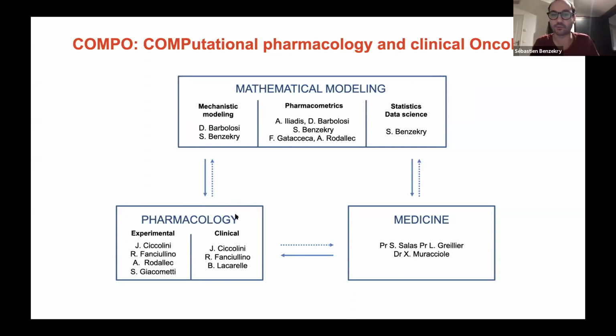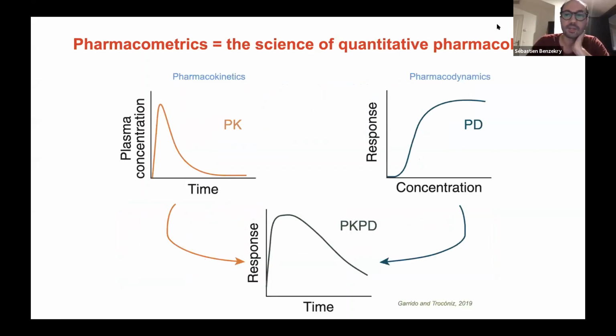And so today I'm going to talk to you about some of the studies historically done in the context of pharmacometrics and clinical oncology. So what is pharmacometrics? Pharmacometrics is defined as the science of quantitative pharmacology. So it's basically using and applying mathematical and statistical tools to describe and to quantify processes from pharmacokinetics, which you can think of as describing the concentration of drugs in the body as a function of time.